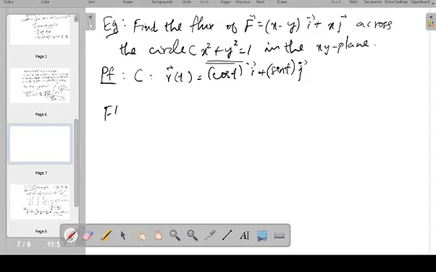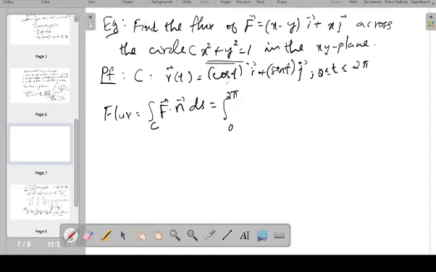Then flux is equal to the integral over C of F dot n ds, which is equal to the integral from 0 to 2 pi, because here t varies from 0 to 2 pi. Now F along the circle, F is x minus y vector i plus x vector j.